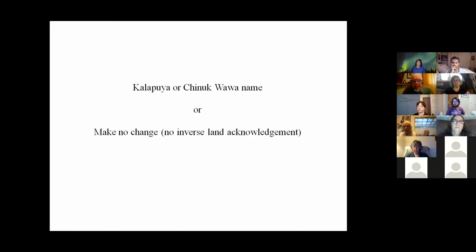Clearly the land that we are living on is Kalapuya land, and changing the name to anything other than a Kalapuya name or a Chinook Wawa name would probably constitute an inverse land acknowledgement. It would be calling into question whether or not we acknowledge that this is Kalapuya land.